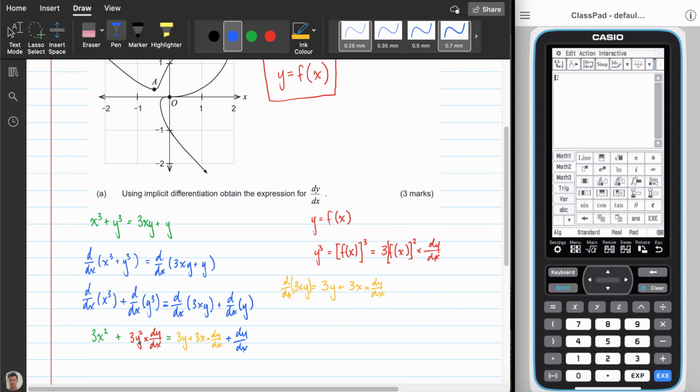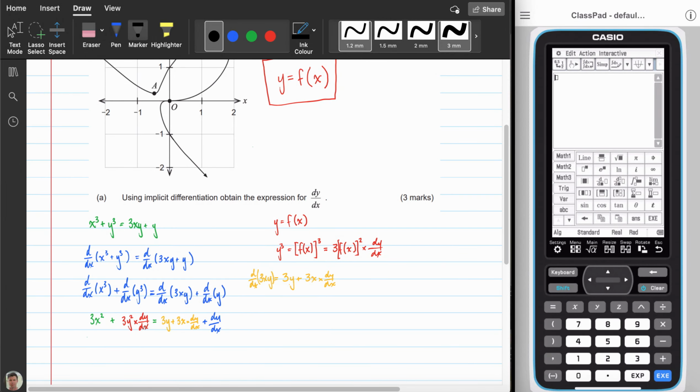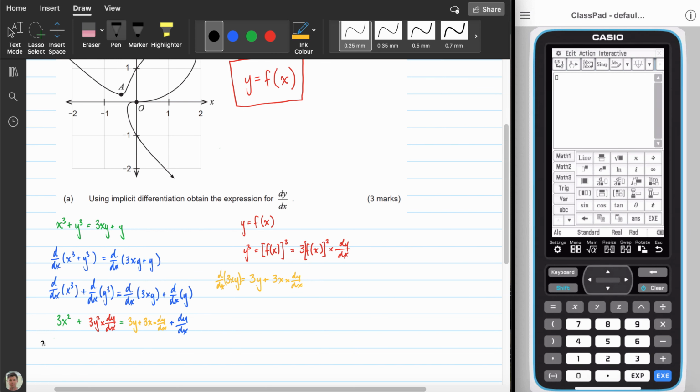Now, what we usually do, guys, with any of these implicit differentiation questions is try and get all of the components of the expression that contain dy dx to one side of the equality. So I'm going to take all of the dy dx terms to the left. I'm going to be left with 3y squared times dy dx minus 3x times dy dx minus simply dy dx.